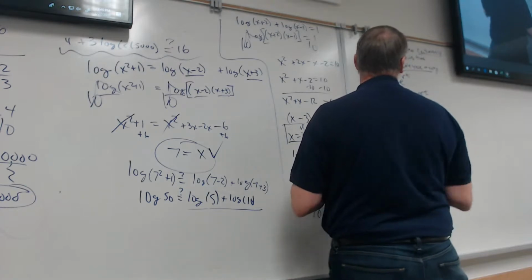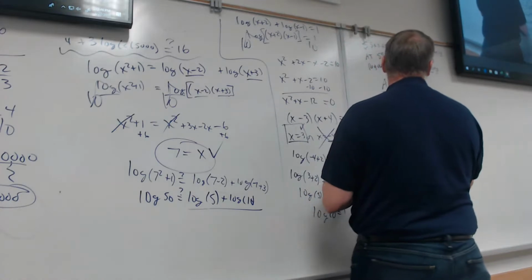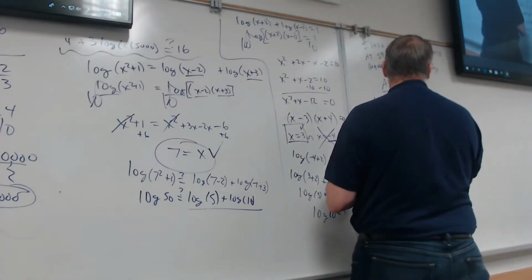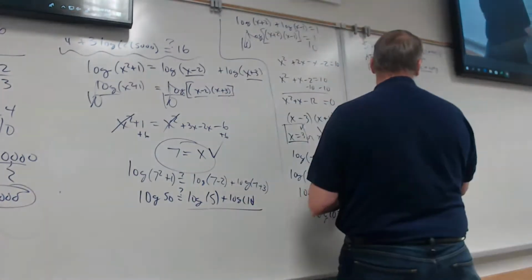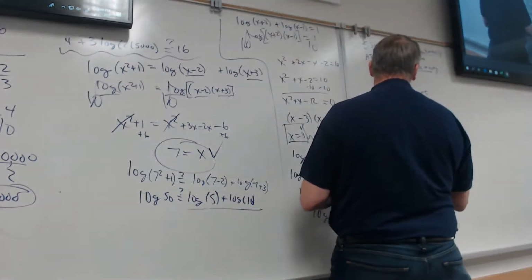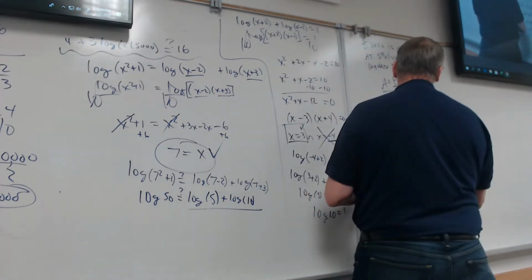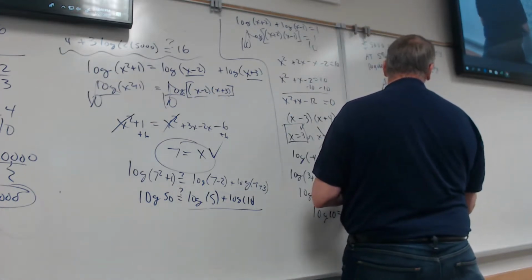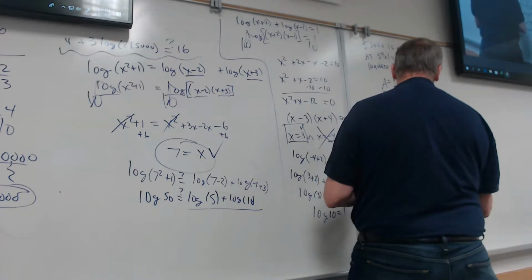So 10,000 divided by 5,000 is 2 equals E to the 0.05 times T. Now you can take your ln. The ln of 2 equals 0.05 T divided by 0.05. So T equals the ln of 2 divided by 0.05.